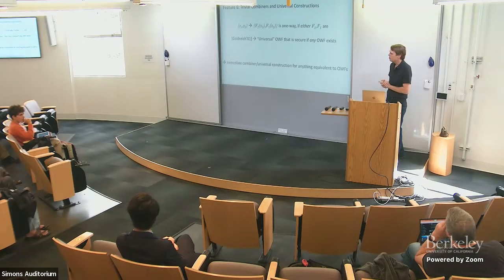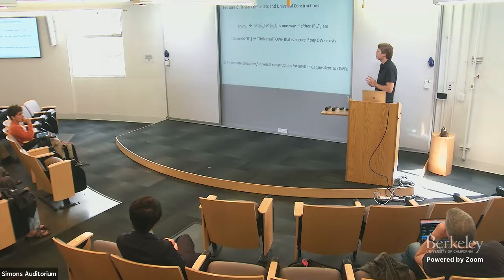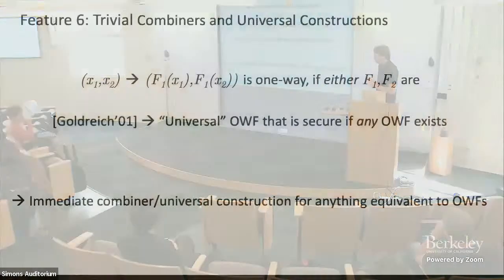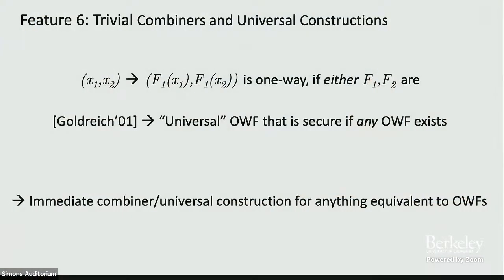So here's another one: combiners. With one-way functions, if you have two candidate one-way functions and you don't know whether they're secure, but you have the guarantee that at least one of them is secure, it's trivial to get a one-way function that's guaranteed to be secure as long as at least one of the input one-way functions is secure. What do you do?